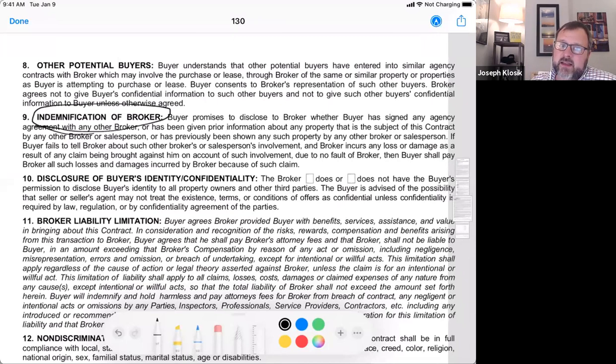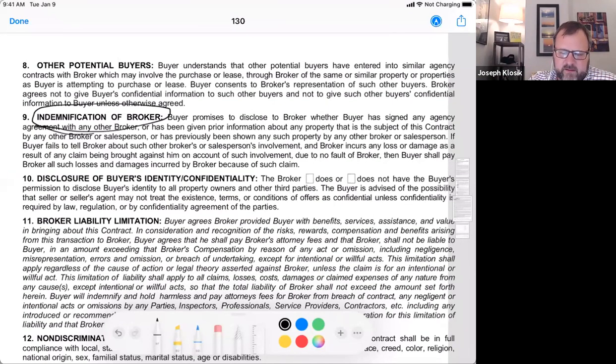Now, if they do say, yes, I have been working with one before, then you have to have them go back and talk to that agent about their agreement, and you can really only represent them once that agreement has expired or they've negotiated whatever the terms were to cancel it. Do not get into any sort of conversation with them about how to cancel a buyer agency agreement. That's against license law. You would just simply say you're going to have to talk directly to that broker to figure out what your options are.